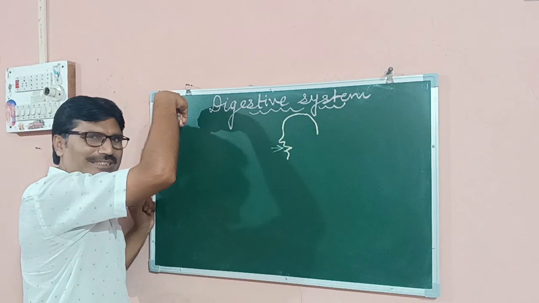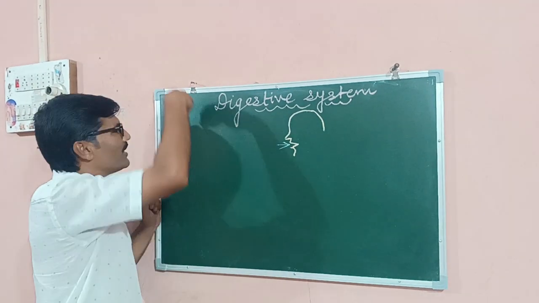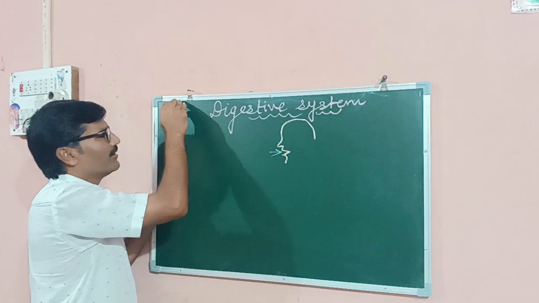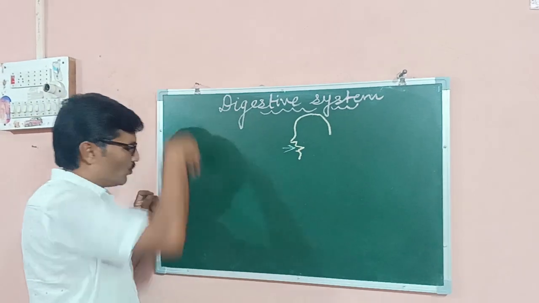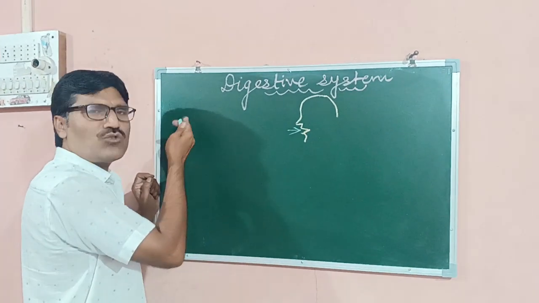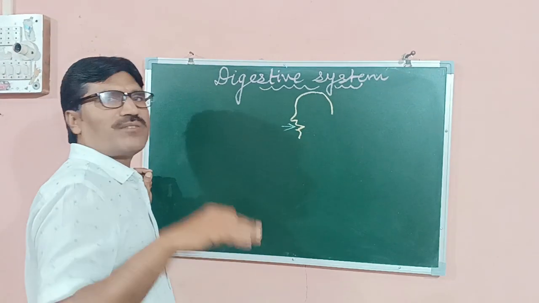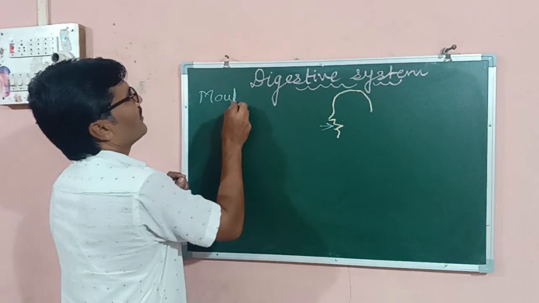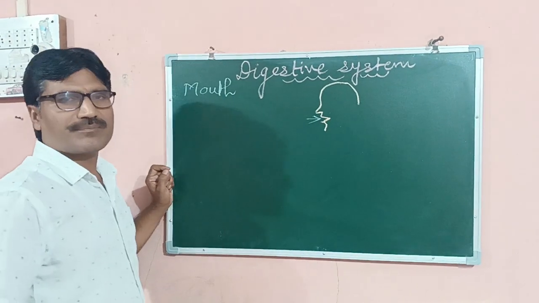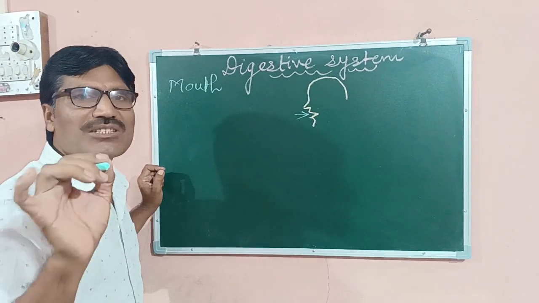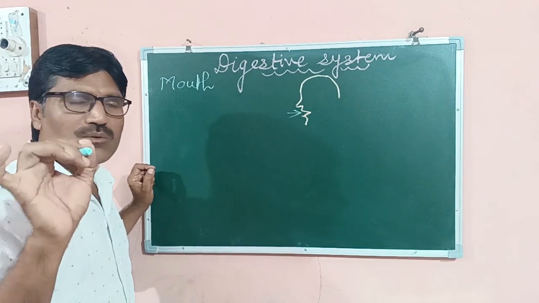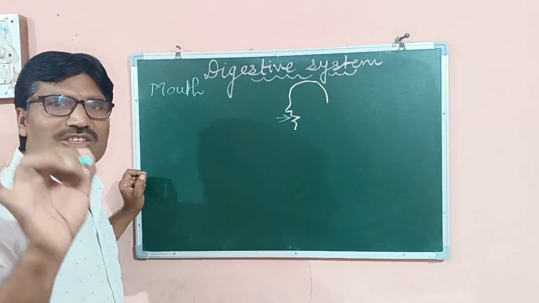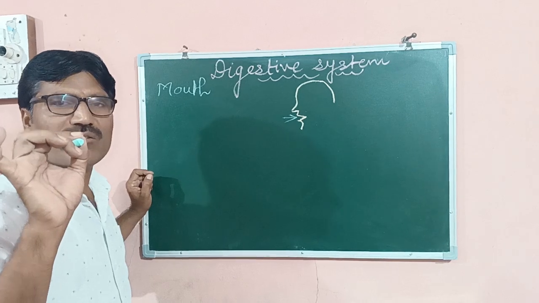That means if I am writing all these names from upward to downward, actually it is the ascending order of our digestive system. So mouth is the first thing from which the digestion starts. Note down this point. The digestion starts from the mouth.